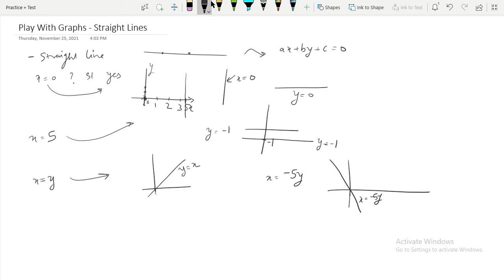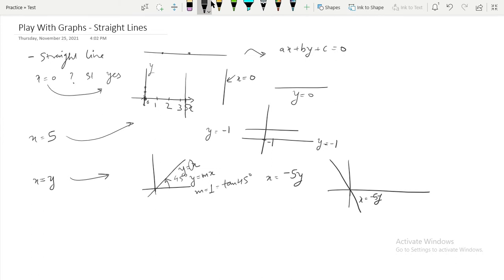Why this? Because here this portion, the value y is equal to mx, then m is the slope. Here the slope is 1. So if you write like this, 1 is equal to tan of 45 degree. So this is a 45-degree angle.